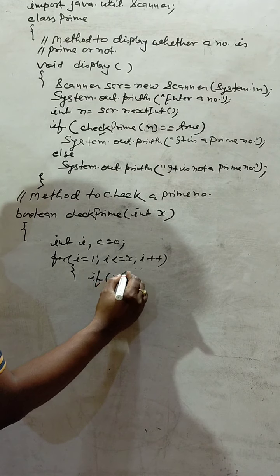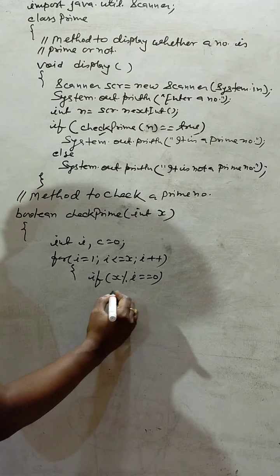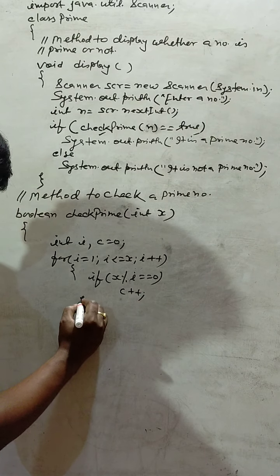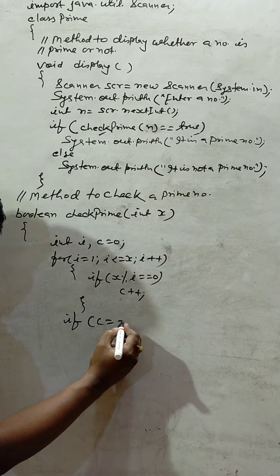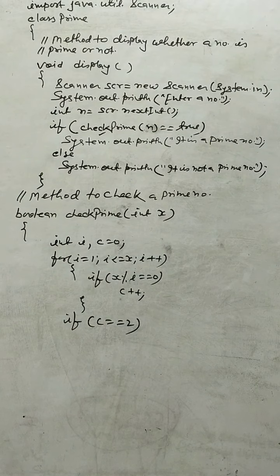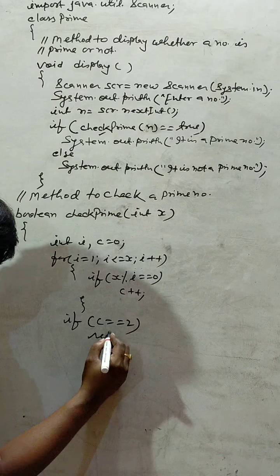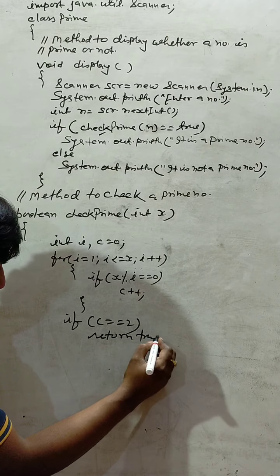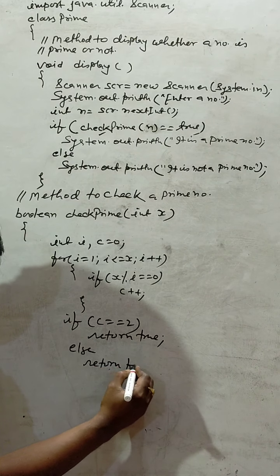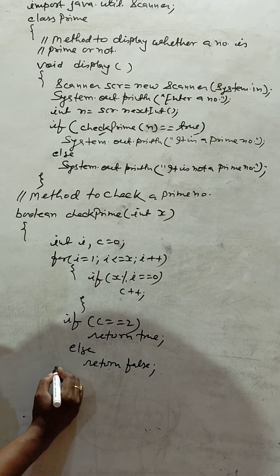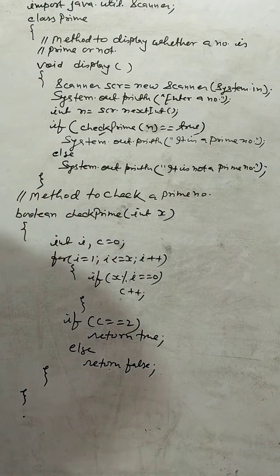If x mod i equals 0, c plus plus. We have counted. Now if c equal to 2, meaning the number has only 2 factors, this function will return true, else return false. Here we close the function and here we close the class.